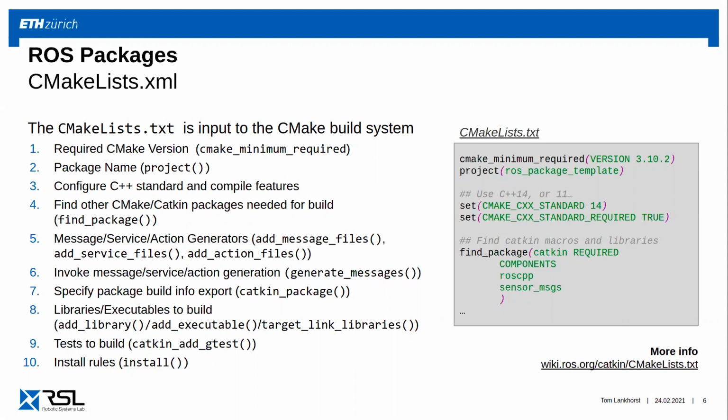Parts that you might need are adding message files and service files and action files, or invoking the message generation for generating custom messages. There might be libraries and executables that you want to build, like a typical ROS node with add executable, or a separate library that you want to build with add library. Finally, you might want to add some tests, and there will be installation rules in the CMakeLists file.